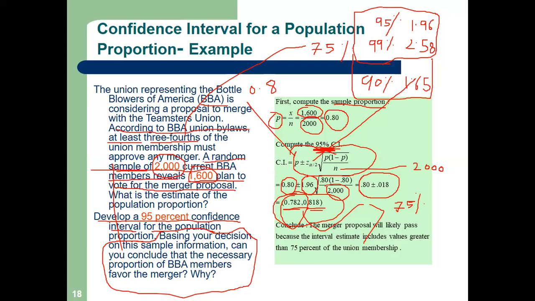Tejasvita, are you getting? Higher the CI, higher is the Z value. If it is 90% CI, the Z value is 1.65. If it is 95% CI, the Z value is 1.96. If it is 99% CI, so if you want to be more confident, your Z value will be high.